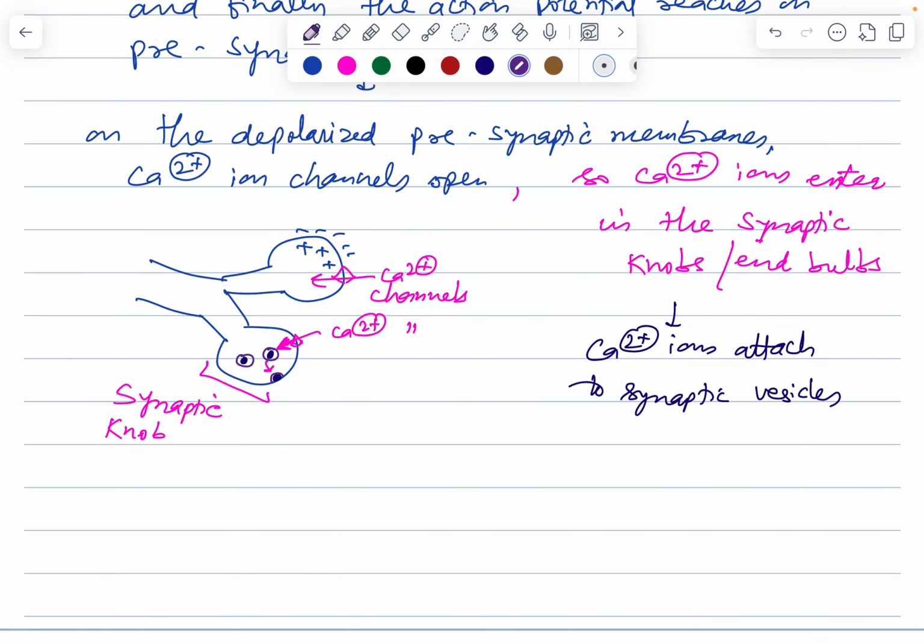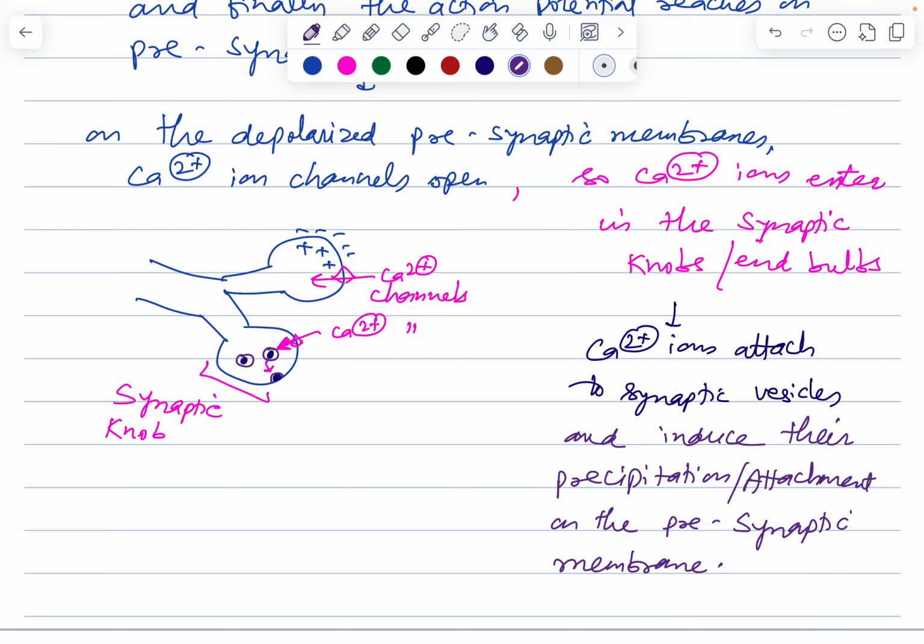Calcium ions attach to the synaptic vesicles and induce their precipitation or attachment, we can say, on the presynaptic membranes. If we are talking about a chemical synapse, and if you don't know what a chemical synapse is, refer to the nervous system lecture 2 which we discussed earlier.